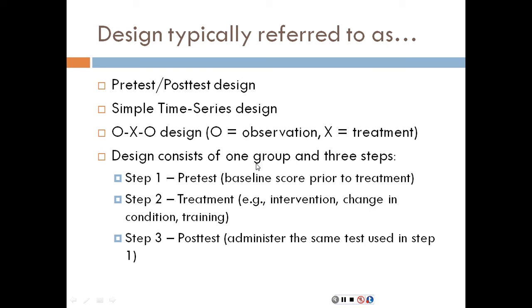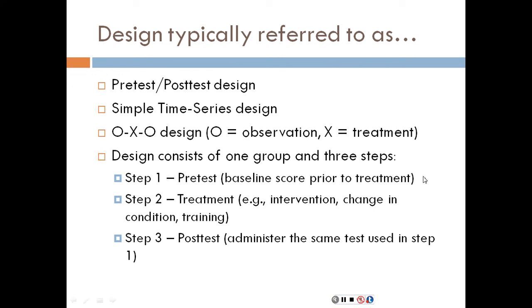And so step 1 would be the pretest. And this would be some type of pre-test score, sometimes referred to as the baseline measurement score prior to intervention. It's indicating the level that the participant was at prior to exposing them to the treatment.